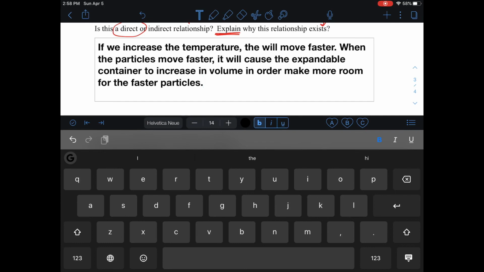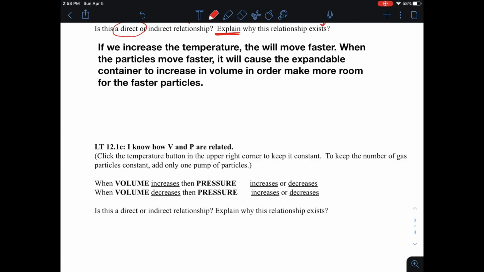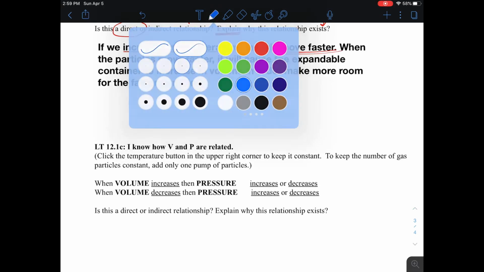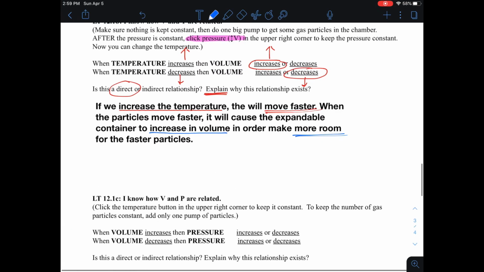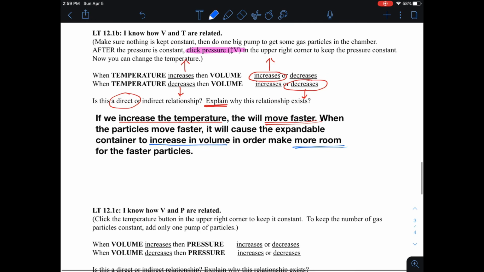Let me break down this explanation for you. We talked about increasing temperature, and then we defined it by saying they move faster. And then we talked about an increase in volume, and we talked about what that means. More room for the faster particles. So if you are having trouble explaining these, always go back to the definition of the two things that we're trying to relate together.